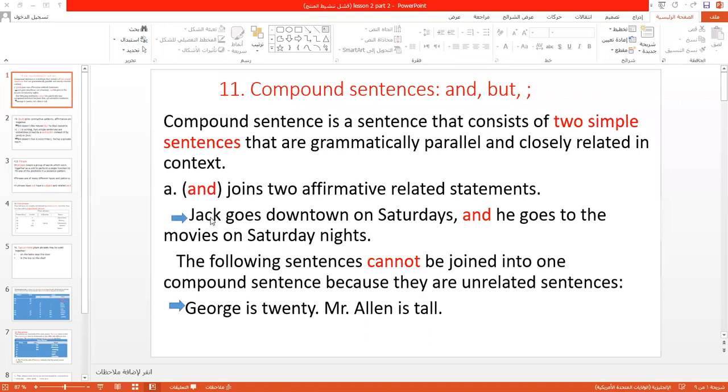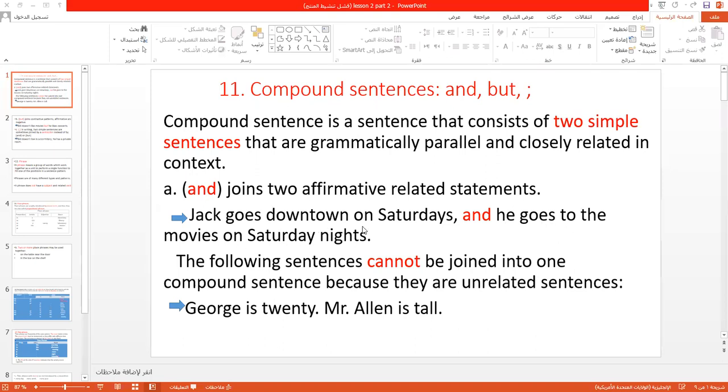Look at this example. Jack goes downtown on Saturdays and he goes to the movies on Saturday nights. So the first simple sentence, Jack goes downtown on Saturdays. The second simple sentence, he goes to the movies on Saturday nights.